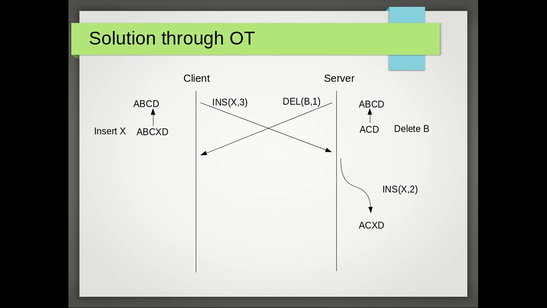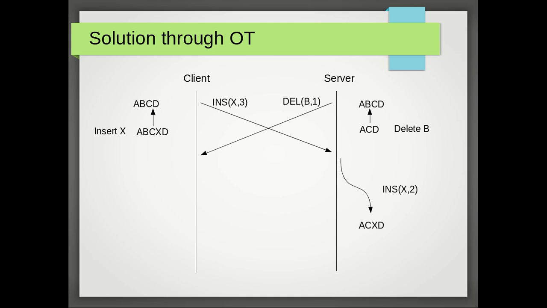Basically it is shifting its operation according to the delete command that was implemented by it before. So when it executes insert x comma 2, we get the result ACXD.